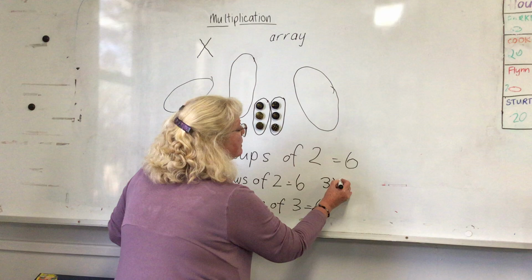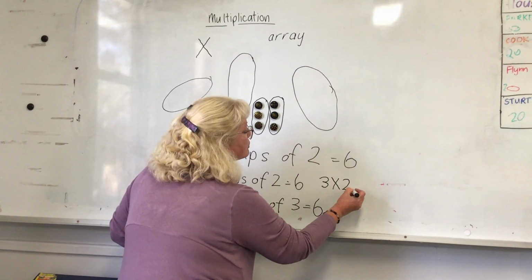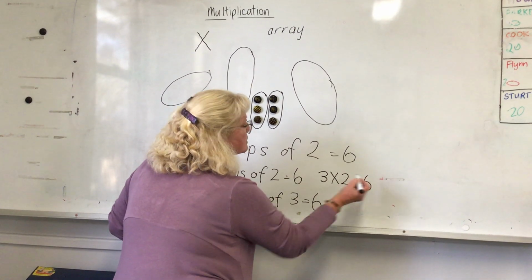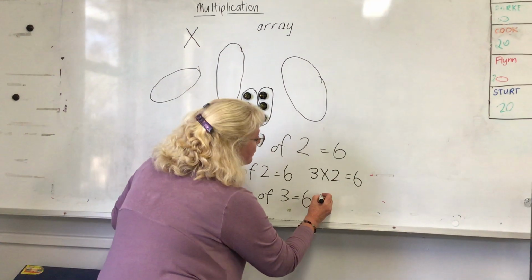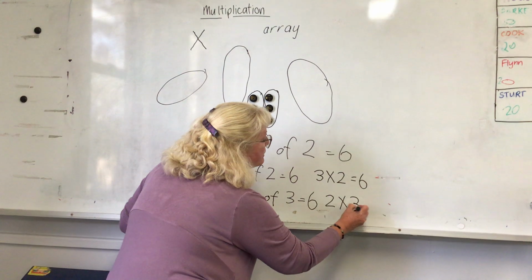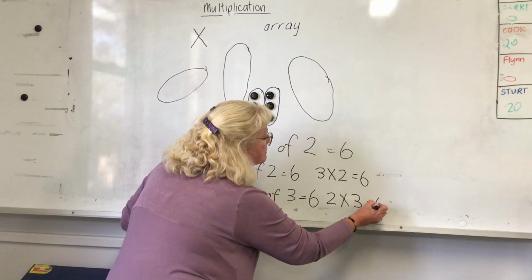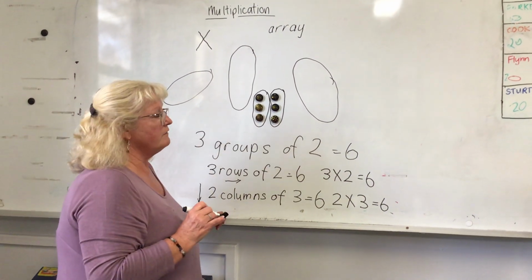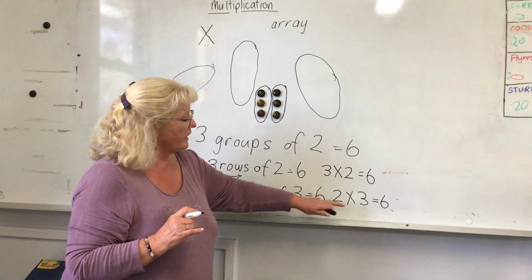3 rows of 2 equals 6, or 2 columns of 3 equals 6. And I can even use a different word for that symbol.